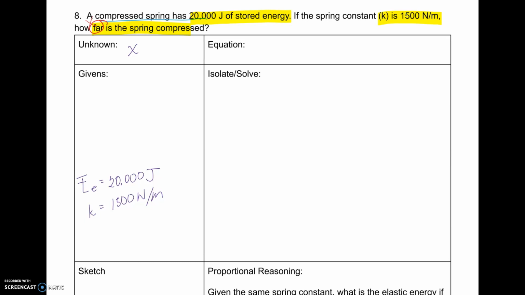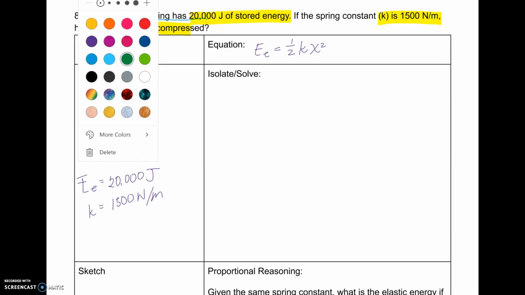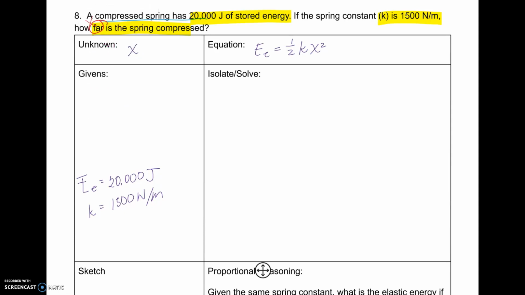And we know that the elastic potential energy is equal to 1/2 the spring constant times the spring stretch squared. Okay, so we've got, let me make sure that we have our elastic potential is 1/2 spring constant times stretch squared.